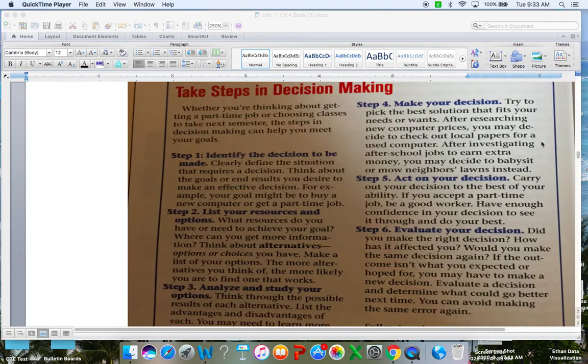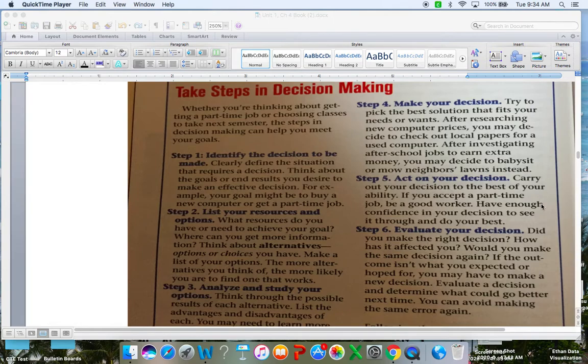After researching new computer prices, you may decide to check out a local paper for a used computer. So that's a scenario. So you made the choice. You're going to buy a used computer. Here's another scenario. After investigating after-school jobs to earn extra money, you may decide to babysit or mow neighbors' lawns instead. So there's another decision that would be made.